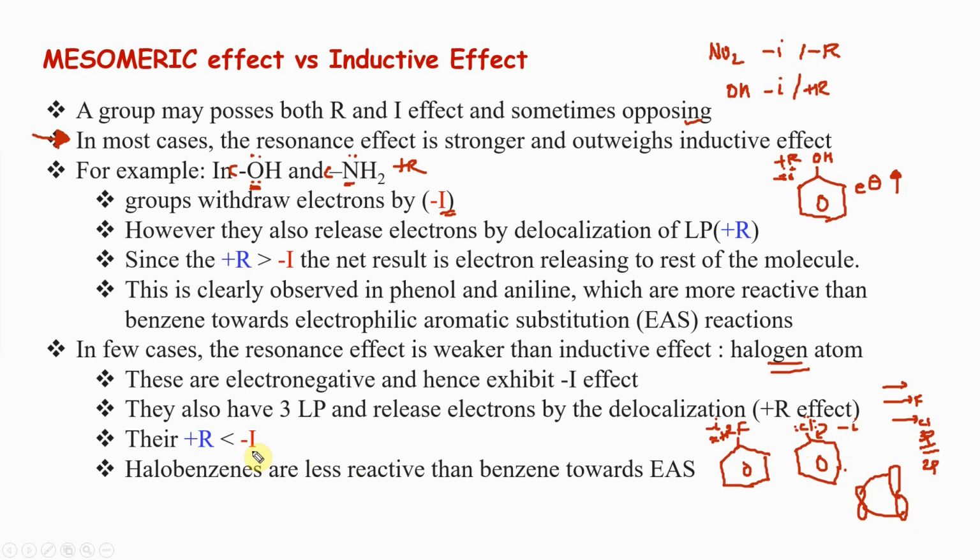So because of that, their plus R is actually less than minus I. We will look into this particular example later in electrophilic aromatic substitution. At this point, just know this. Halobenzenes are less reactive than benzene towards electrophilic aromatic substitution. When we learn about EAS, you will actually understand why this matters.